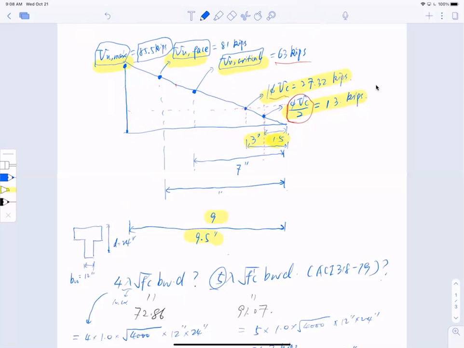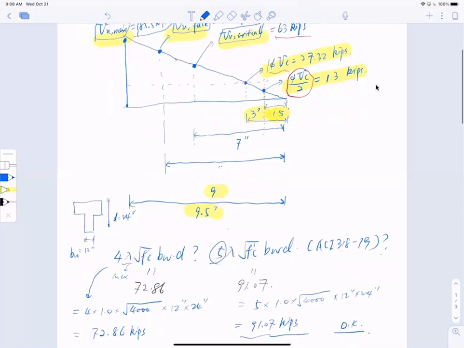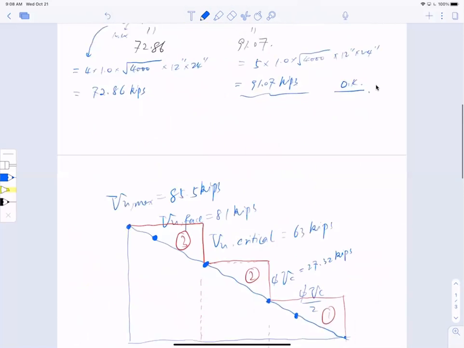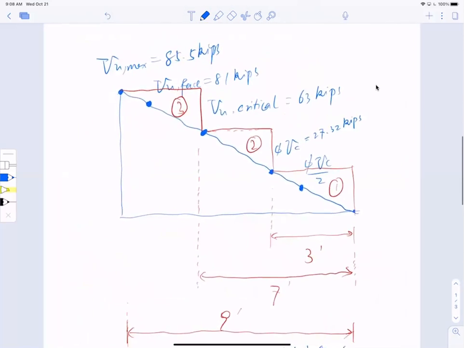So here is the strategy. Now, I copy the shear diagram down here, and as you can see, I have a blue baseline, which is the shear diagram shown before. And I label all these critical points: half of Vc, Vu critical, Vu face, Vu max.